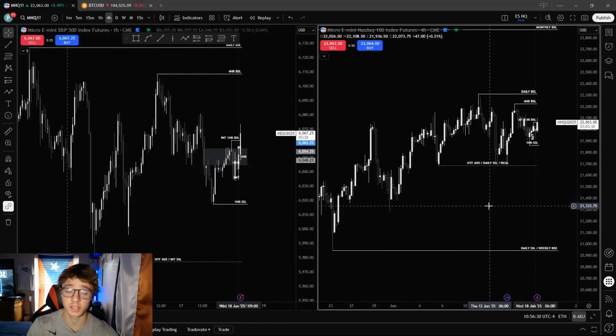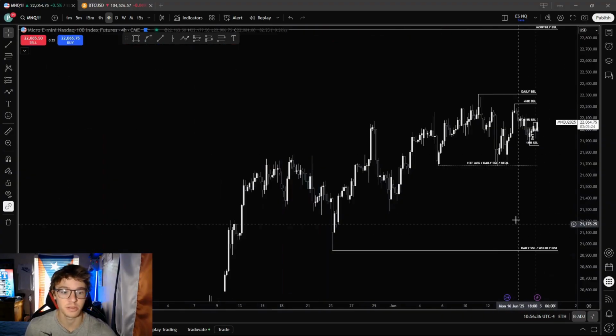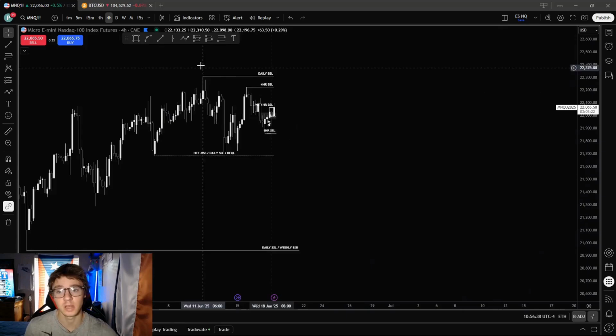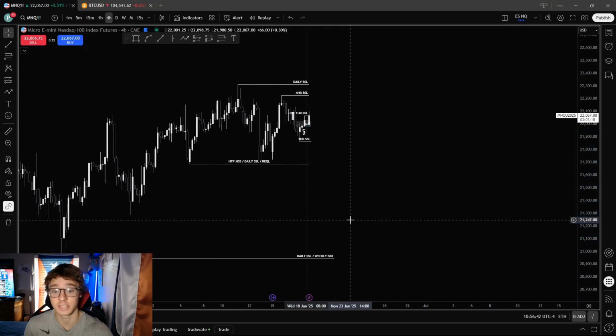Coming into the morning, I was originally looking to short. If we just look at the higher time frames, like I said in the weekly outlook video, like I said in yesterday's video, I would love to see this become the market maker sell model on the higher time frames.